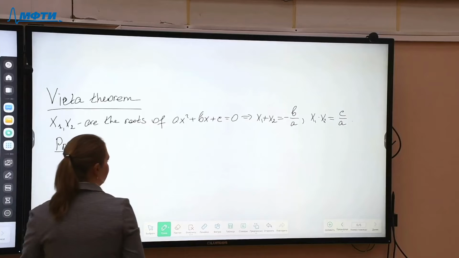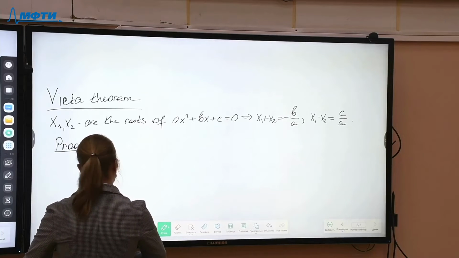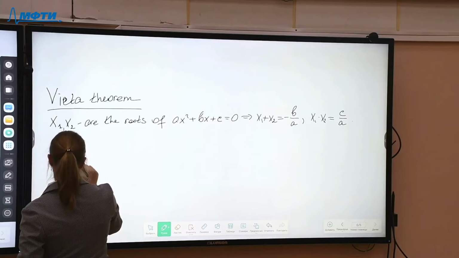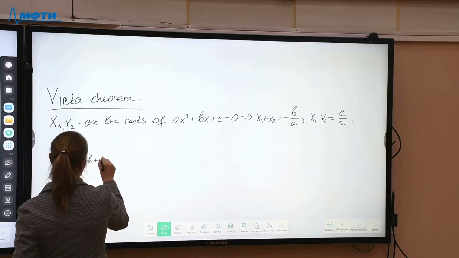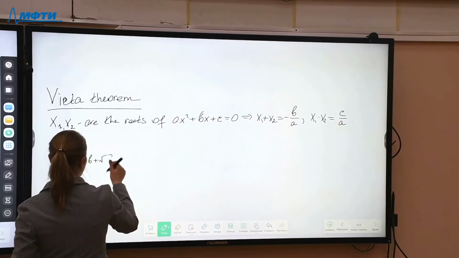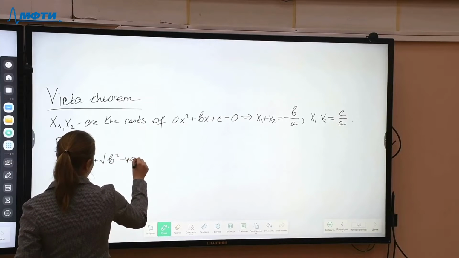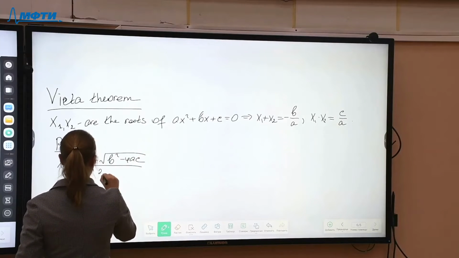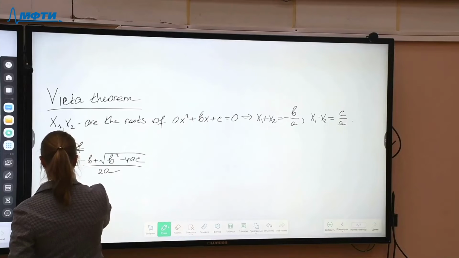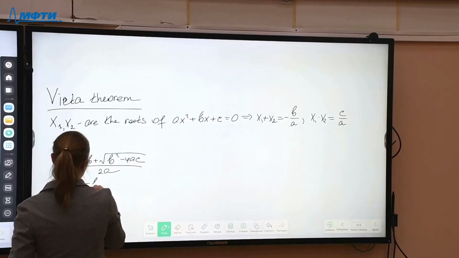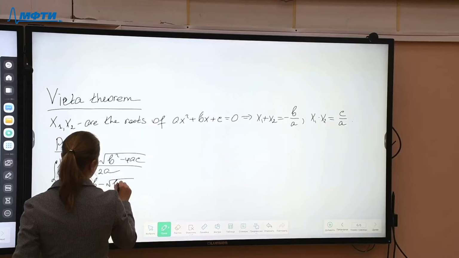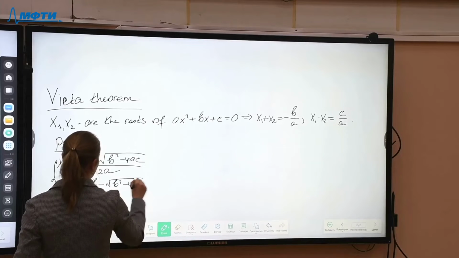Well, let's prove it. We remember that x1 is minus b plus square root of b squared minus 4ac over 2a, and x2 is minus b minus square root of b squared minus 4ac over 2a.